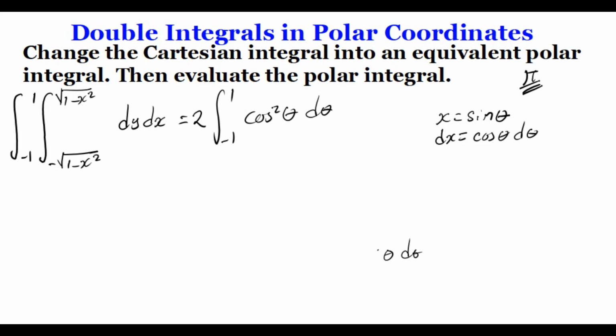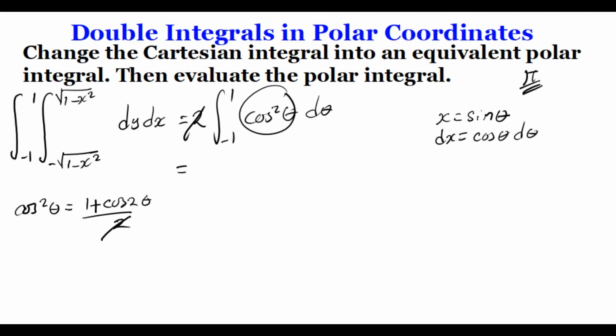So what do we end up getting now? By some identities, remember cos squared theta can be written as 1 plus cos 2 theta divided by 2. If I bring it right here, you observe that these two and that two are going to cancel out.